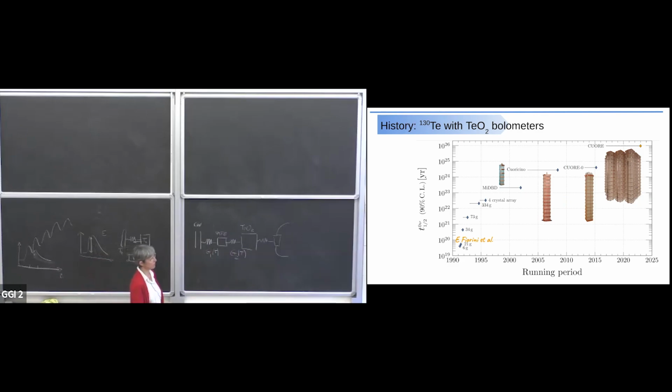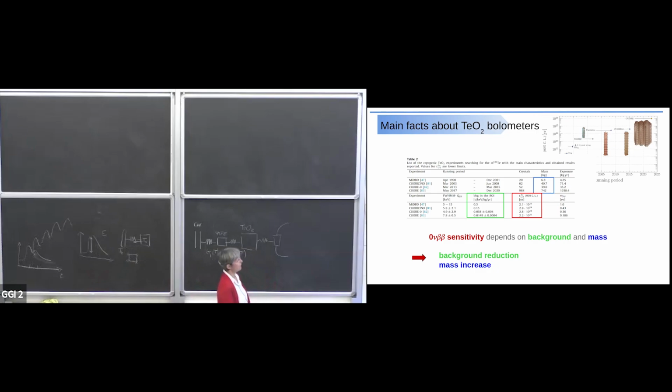And then we started building arrays of crystals like this, and now we are operating this big array. Here are more or less the numbers that are used for this plot, and so you can see also the background, and you see that this first experiment is the first array that you see here, and the background in the region of interest was 0.3, and then with CUORE we are at 0.001.